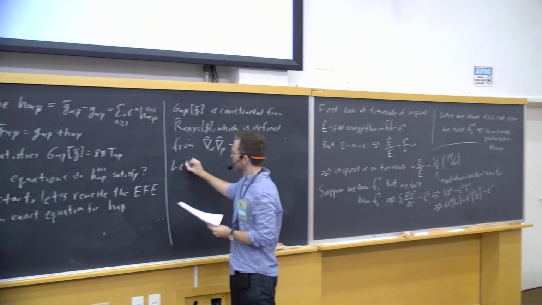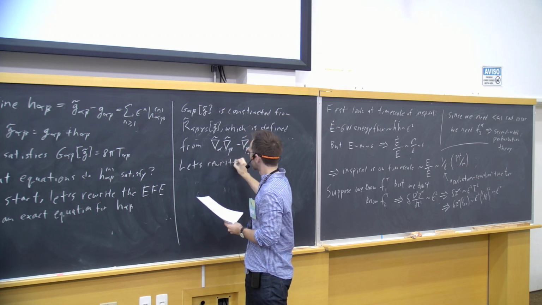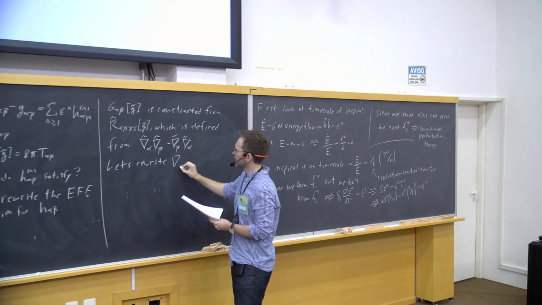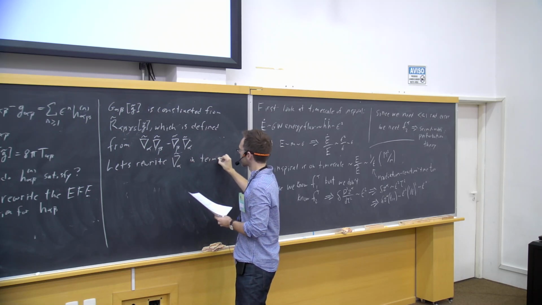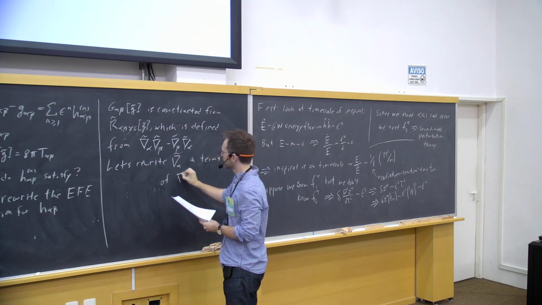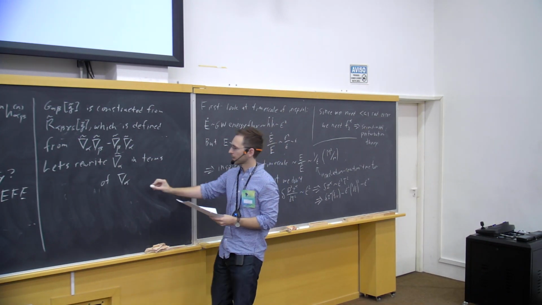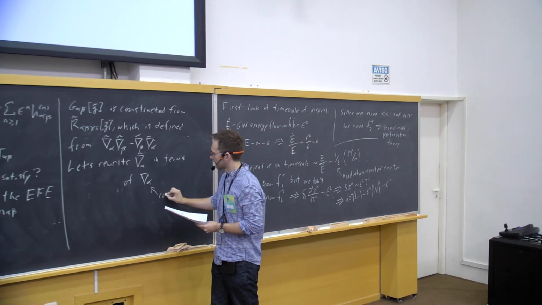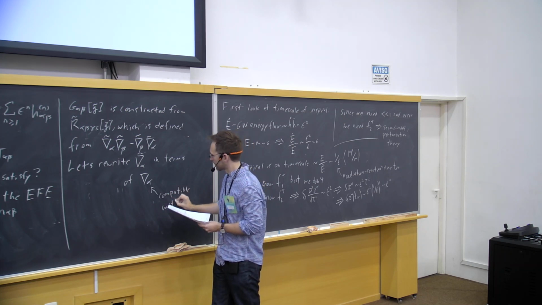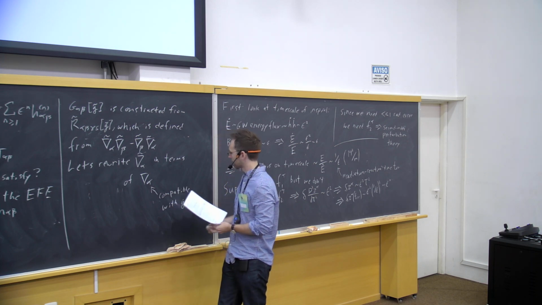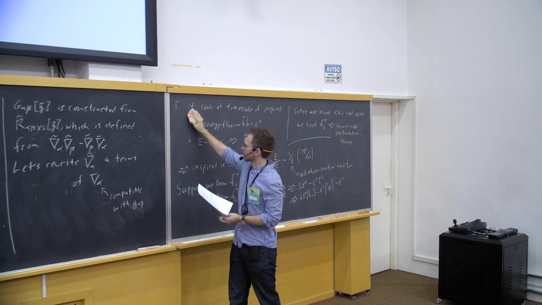So we'll start by rewriting this covariant derivative on the exact spacetime in terms of the covariant derivative compatible with the background metric. And then from that, we'll build things up to eventually get to the Einstein tensor.